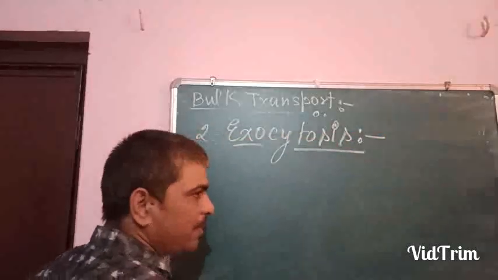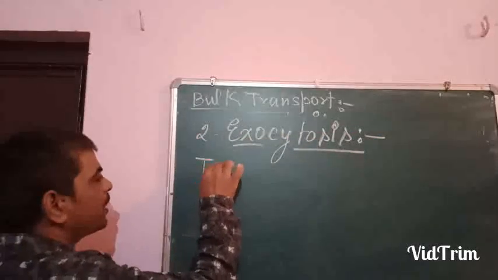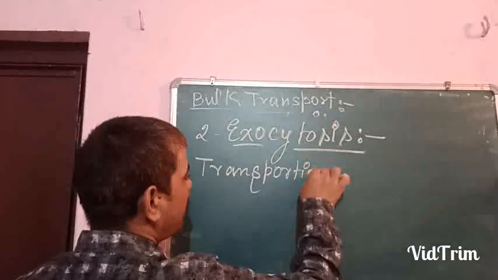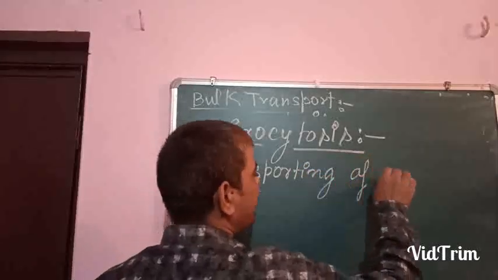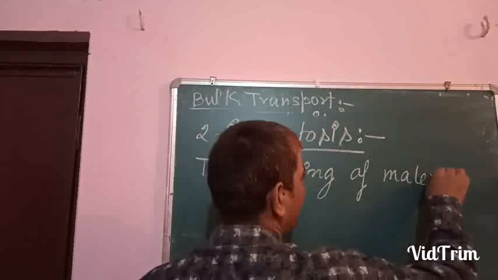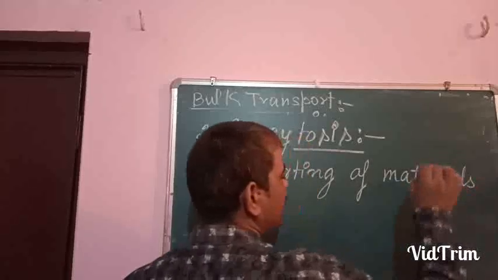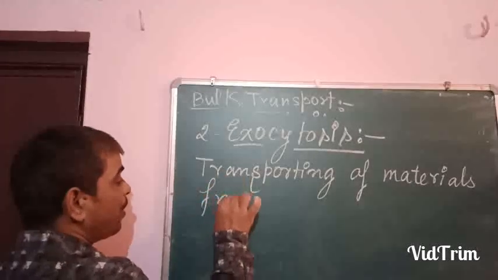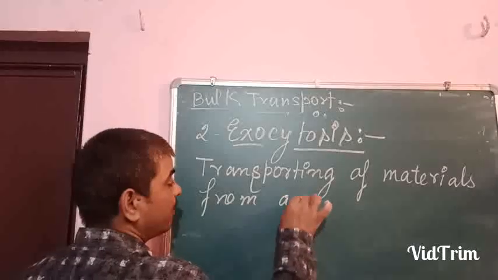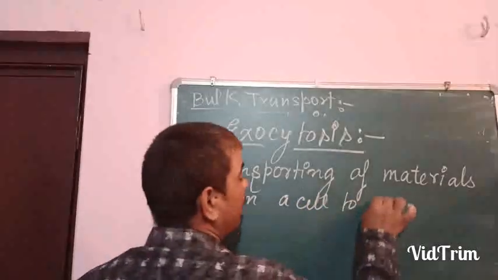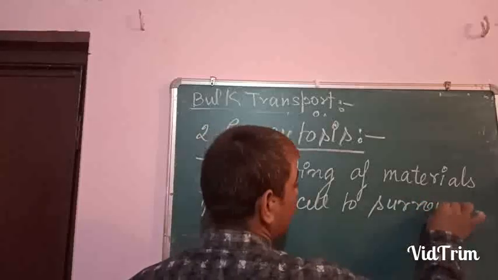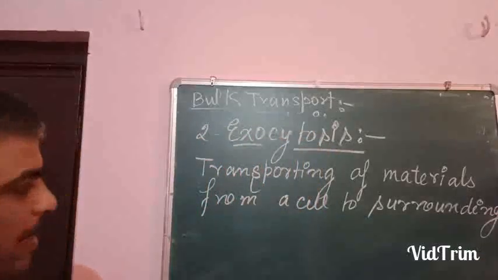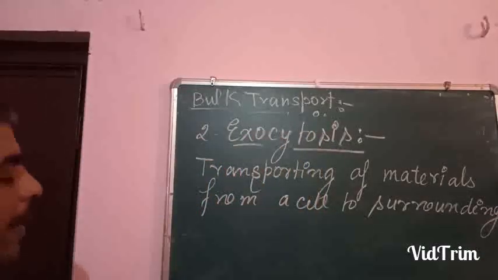As the name itself suggests, it is the transporting of materials which are not able to cross the plasma membrane, from a cell to the surroundings. What type of material are they? They can be liquid, they can be solid. So that is exocytosis.